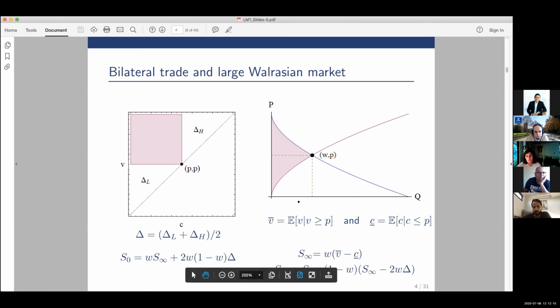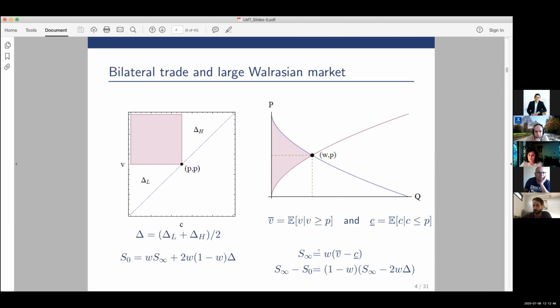Okay, and so what we denote by V upper bar is just the expected value of the buyer's type, given that it's above P, and C lower bar is the seller's cost, conditional on being below P. And so then in the continuum limit, the per trader pair welfare or social surplus is denoted by S infinity, and that's just given by the probability that you trade in the valuation limit, which is W, right?